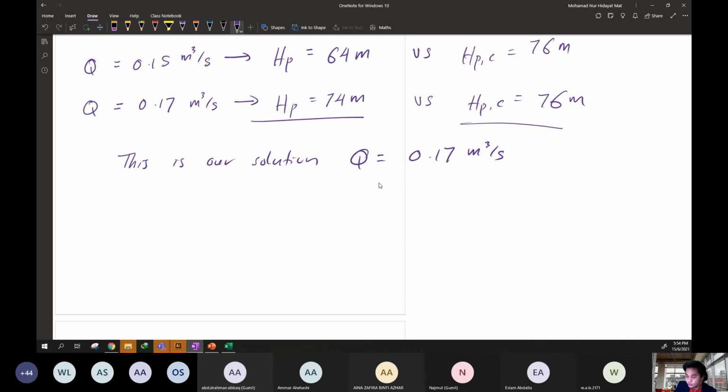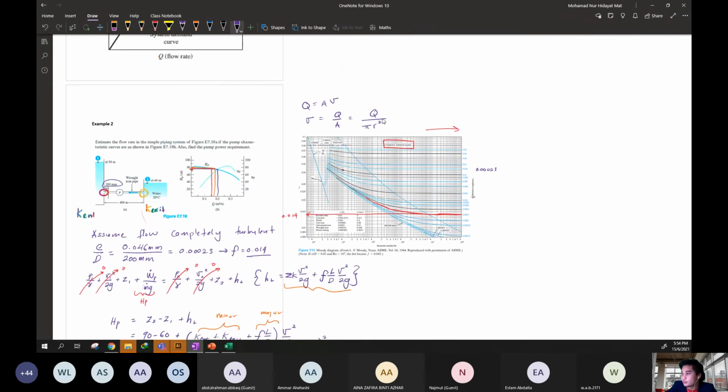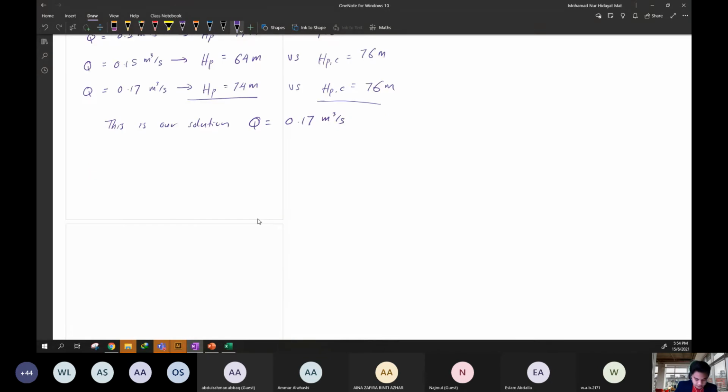Okay, from this Q, I think we can get the Reynolds number. We can get directly the Reynolds number, which is DQ over A nu. I believe this one, yeah.